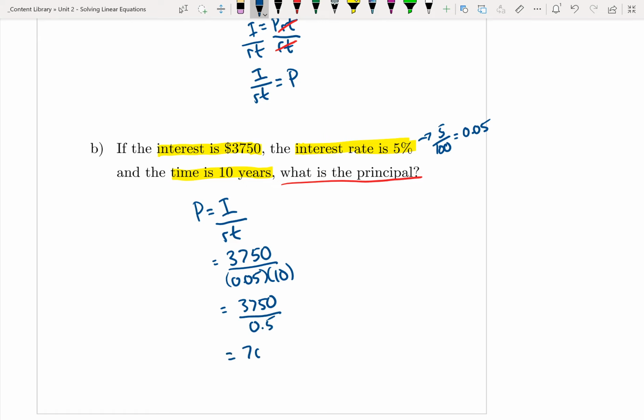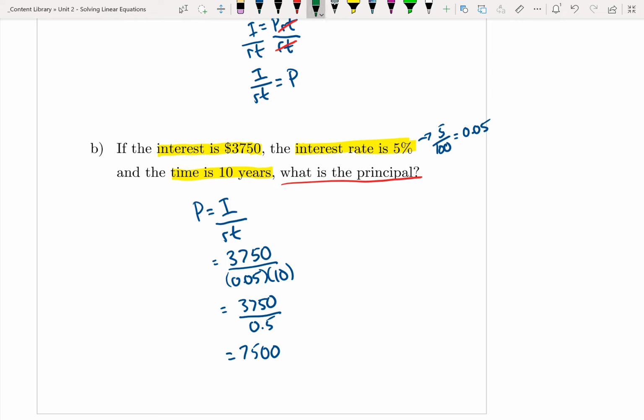So when we divide those two, we get 7,500. So that means our principal is 7,500.